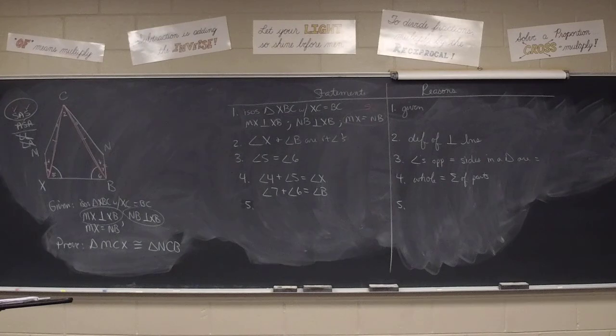All right, so thoughts now, Brecken. You're on a roll here. Angle 4 equals angle 7. How do we know? Because angle 5 equals angle 6. Okay.